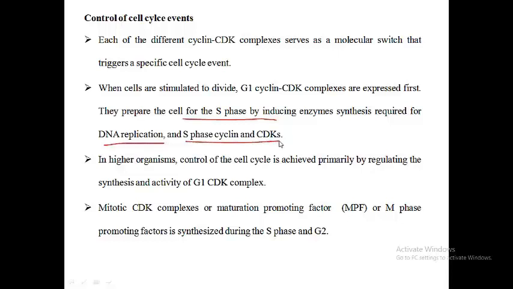In higher organisms, control of the cell cycle is achieved primarily by regulating the synthesis and activity of G1 CDK complex.